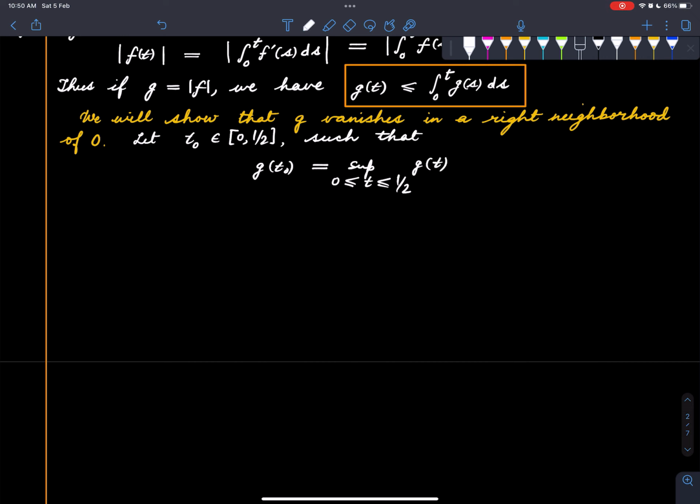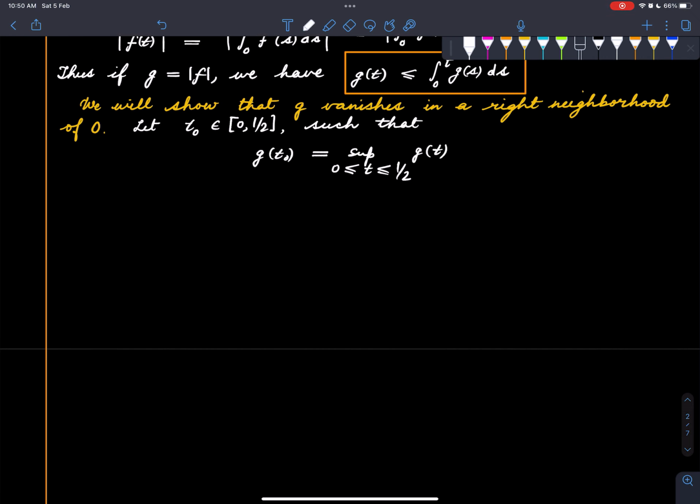So if this were 0, then g(t₀) is 0, of course, because f(0) is 0 and therefore g(0) is 0, and hence g(t₀) will be 0, which would mean that this supremum is 0.